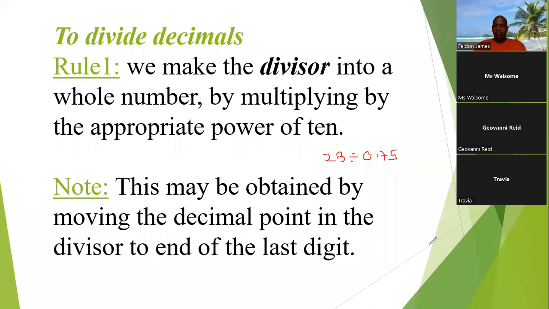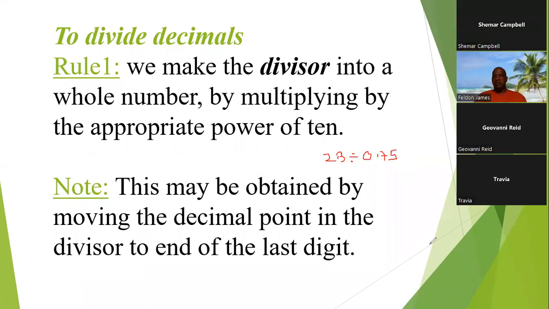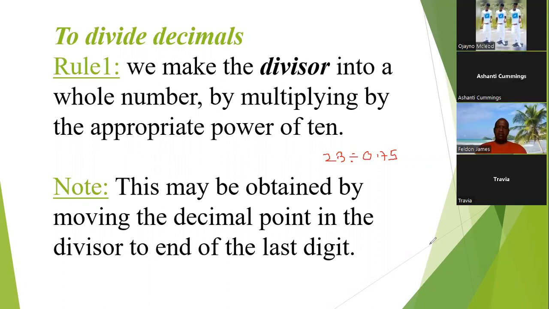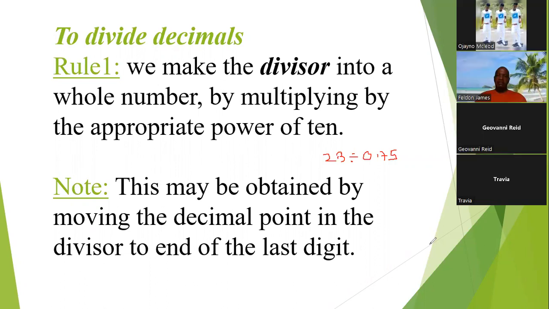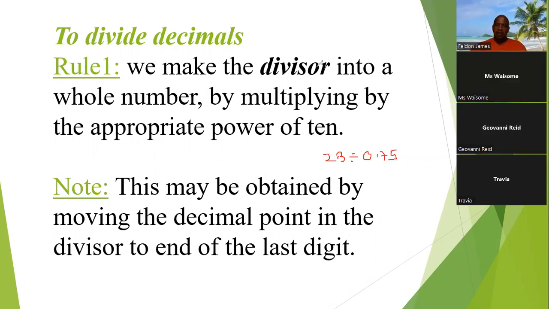Raise your hand if you are in agreement. Our divisor really is the number that comes after the division sign. The one that is being divided is known as what? The dividend.